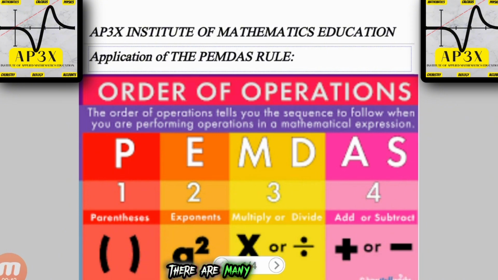Now there are many variations and many other mnemonics that other persons come up with as it relates to helping students to know the order of operations, such as GEMDAS, BIDMAS, BOMDAS, BODMAS. They are all the exact same thing, except that it comes down to personal preferences.